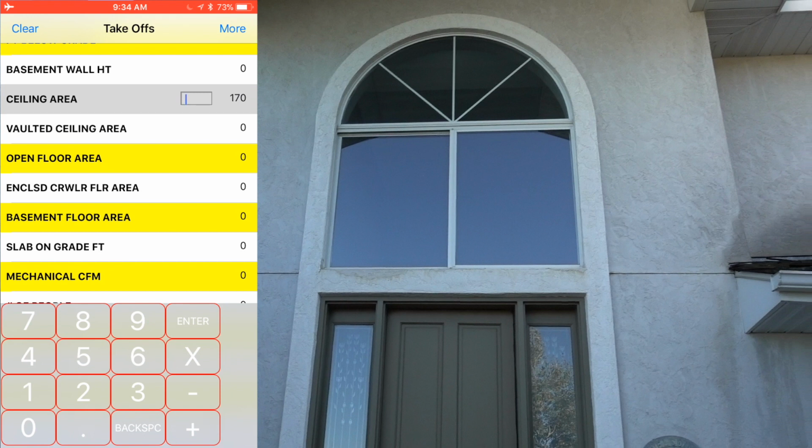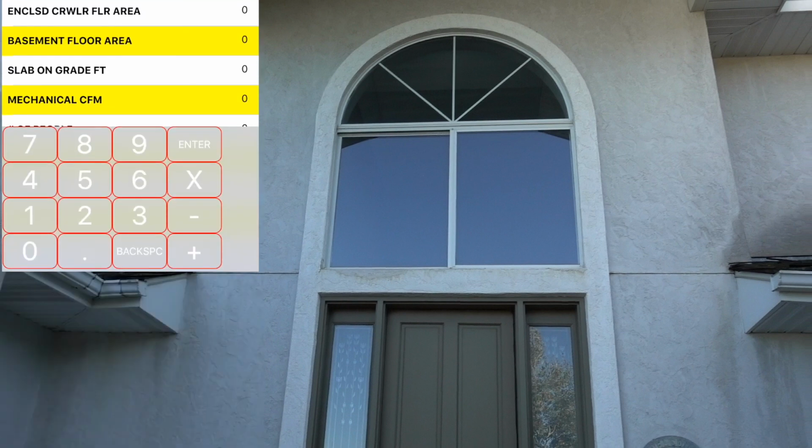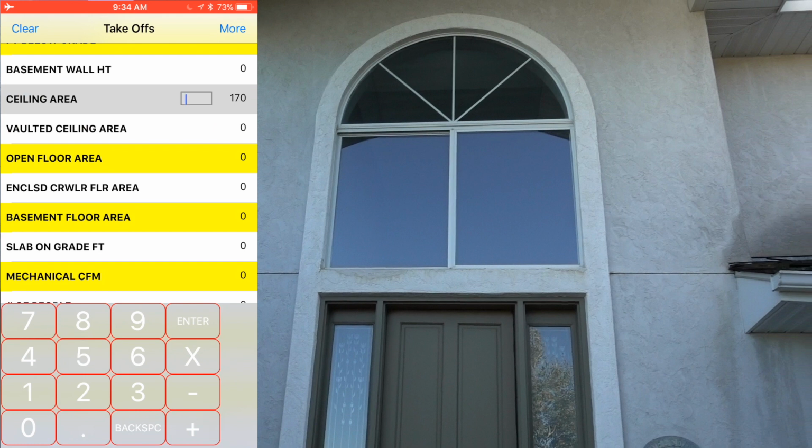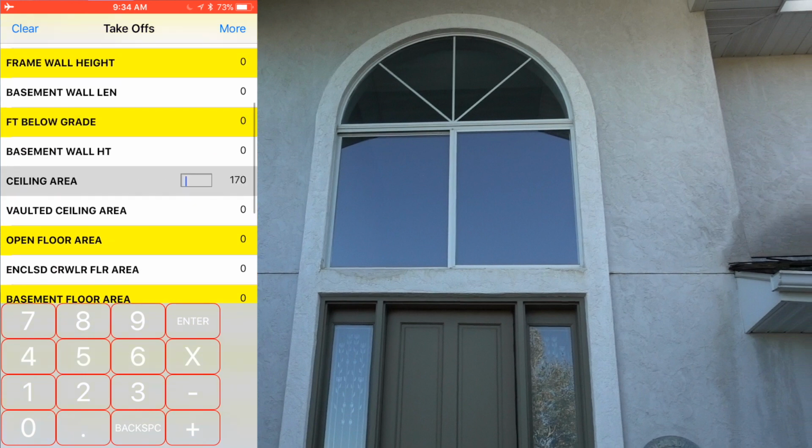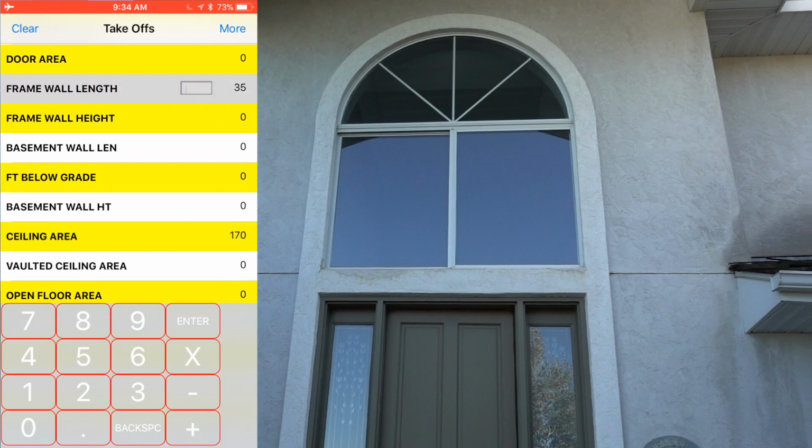Okay. Now we're standing in front of the entryway. And I need to just quickly measure across the entryway here. And we'll call it 19 feet. So I'll go up to frame wall length, tap on that, and hit 17 plus.